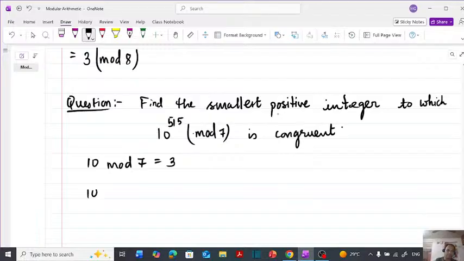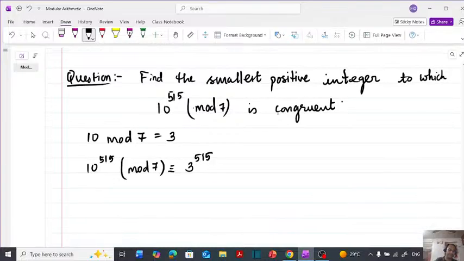So 10 raised to 515 mod 7 is going to behave like 3 to the power 515. Okay, so this is 3 to the power 515, and you have to do modulo 7 of this now.